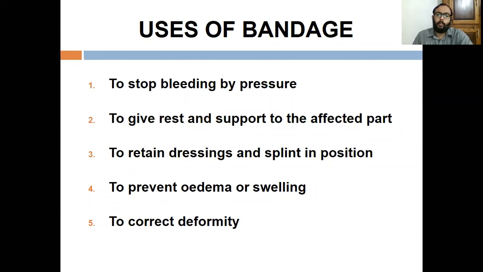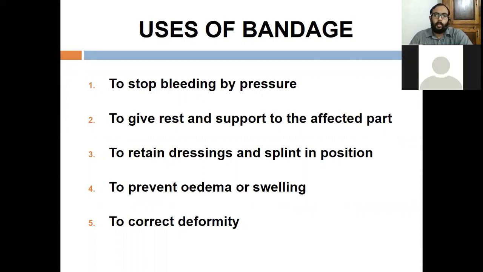Before examining the patient, you advise or give a sling to that patient. If you are sending the patient for X-ray, the affected hand should be in a sling, and then send the patient to X-ray. This is very important, so that the patient feels comfortable in the sling. To prevent edema and swelling, we give immobilization and then elevation. So our principle is that first we should immobilize the patient.